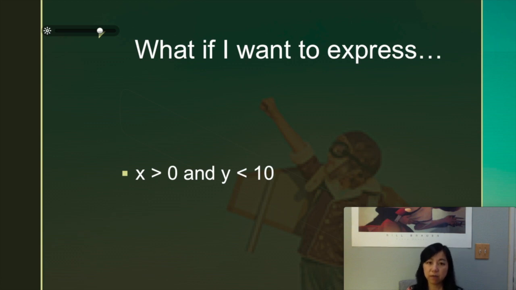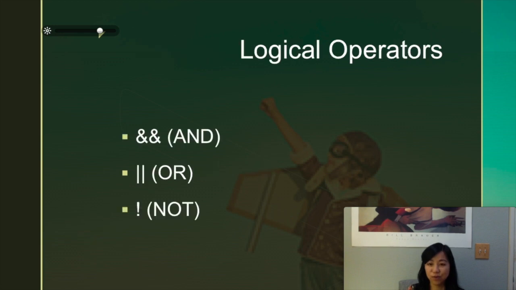So what if I want to express two different conditions and have them together? Like if I need the condition to be x larger than 0 and y smaller than 10. So logical operators come to the rescue. I hope you have already encountered these: and, or, and not.